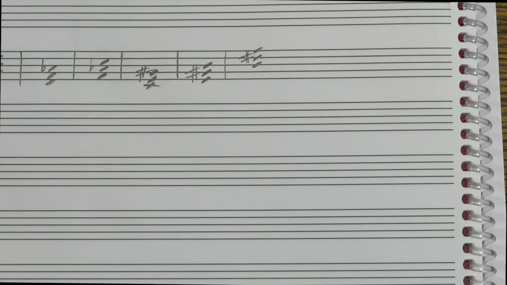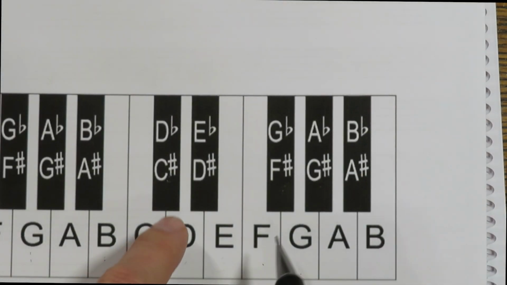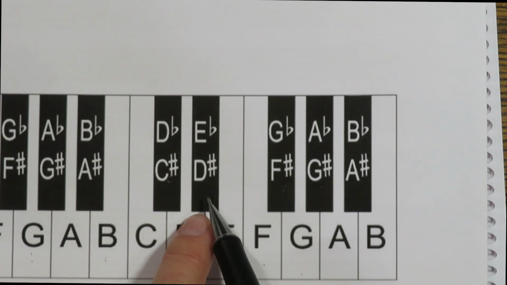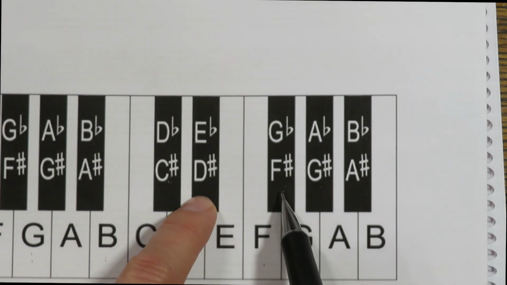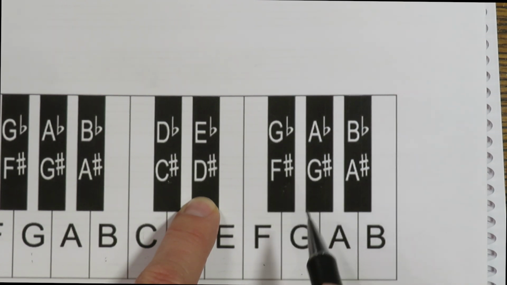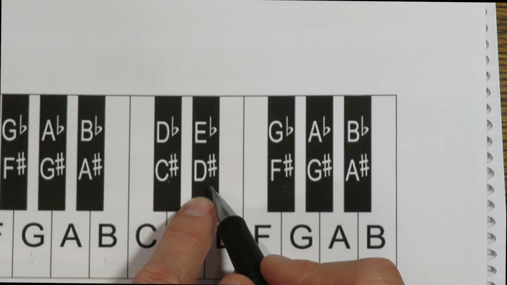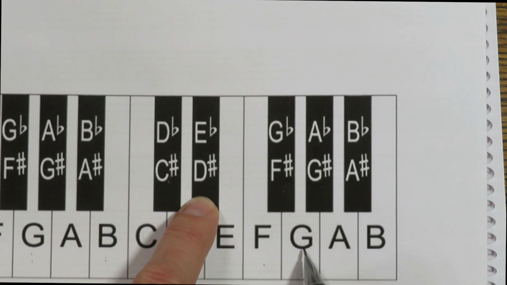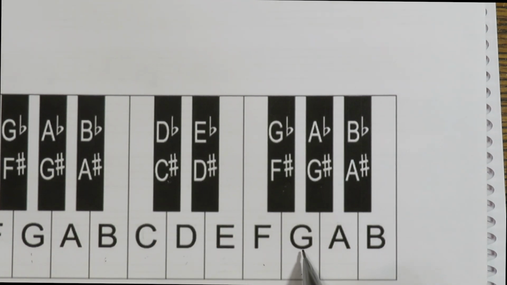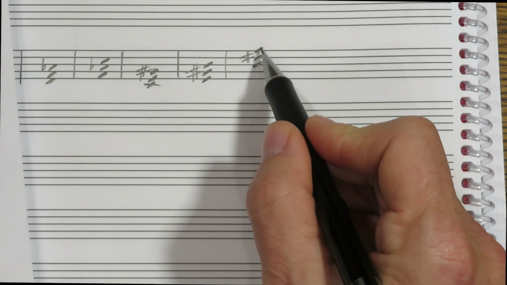We're halfway there. Now, D sharp to F sharp is a minor 3rd, right? So we want to go a major third. So we're going to go 2 whole steps. D sharp, whole step to G. Well, wait a minute. It's got to be some kind of F, right?